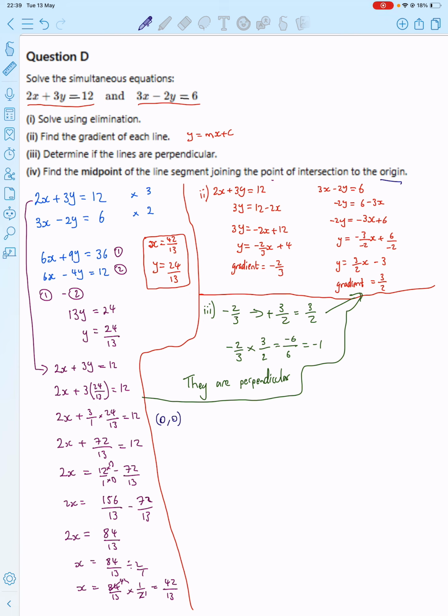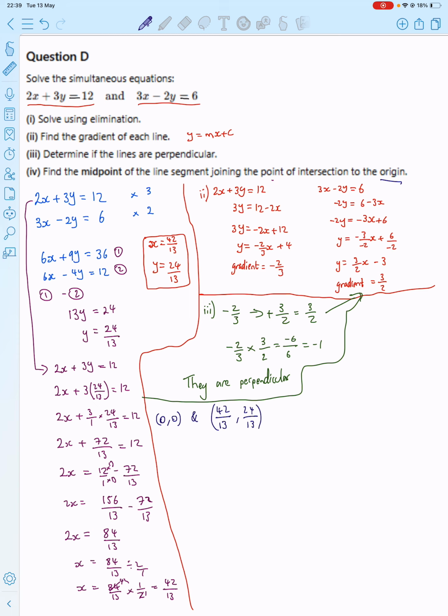However, when we solved the equations in part 1, that told us what the point of intersection is. So we had x was 42/13, and y was 24/13.